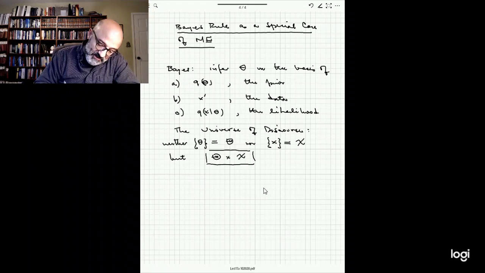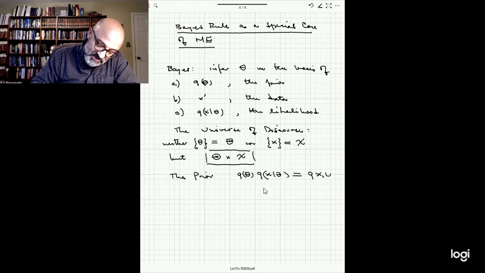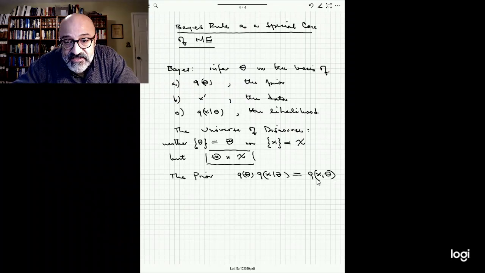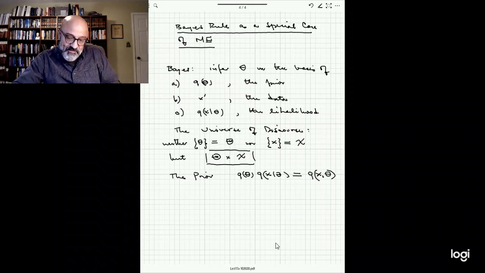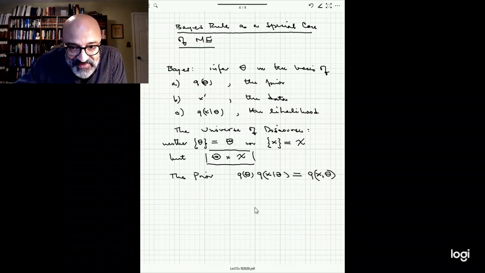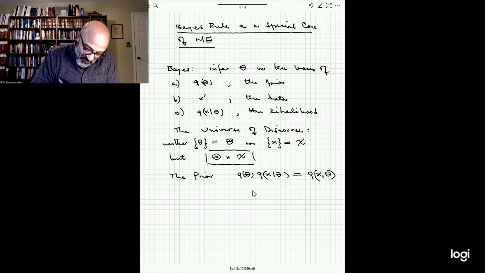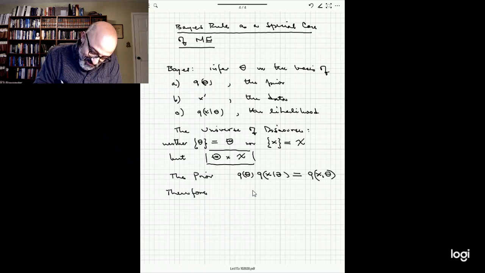So what we're talking about as the prior is not just this object, but this object, namely the joint distribution of x's and thetas. That is what the prior is. So when we try to now maximize an entropy, this is the object that we have to take into account.